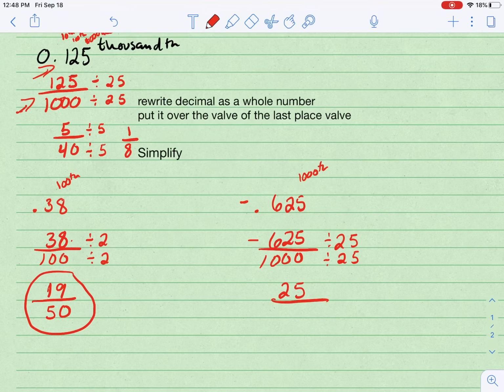Okay, 1,000 divided by 25, I can use up here, notice it was 40.